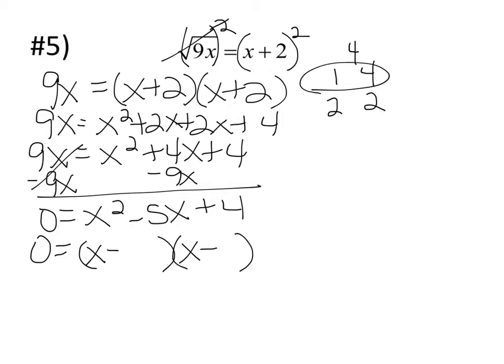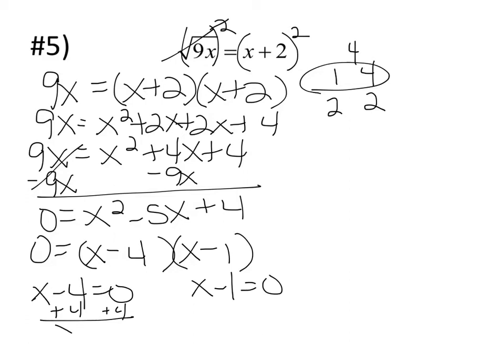If your first sign's minus, you change your second sign. Larger number always goes first. So then you set each one equal to 0. So you get x is 4. And you get x is 1.